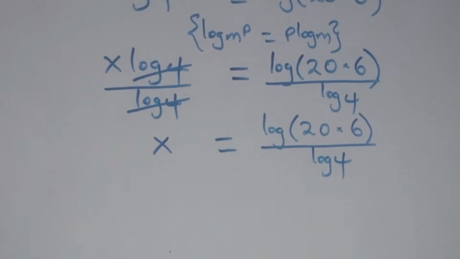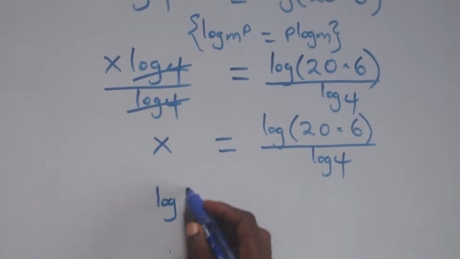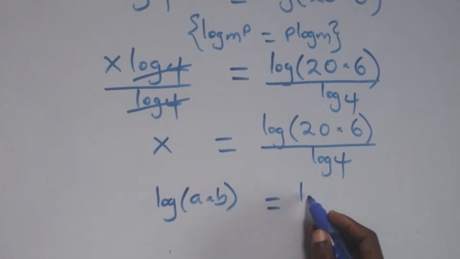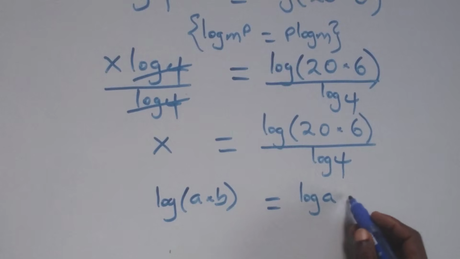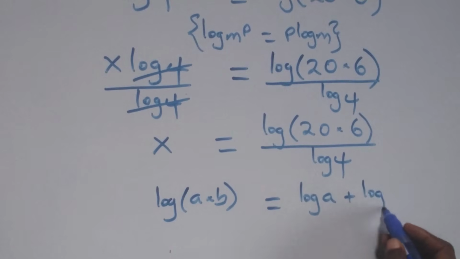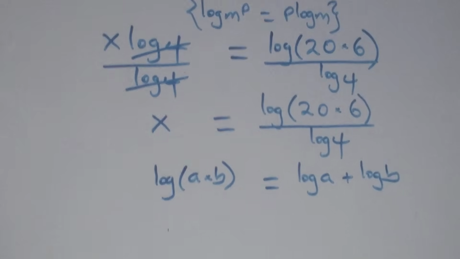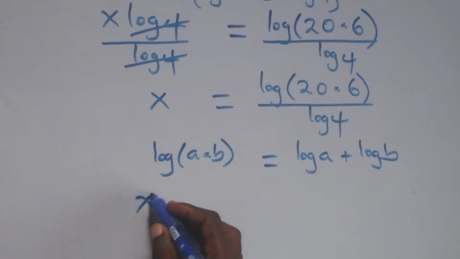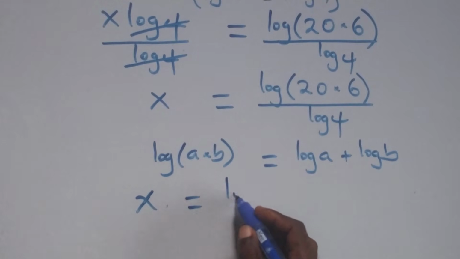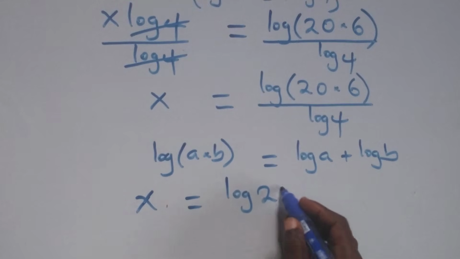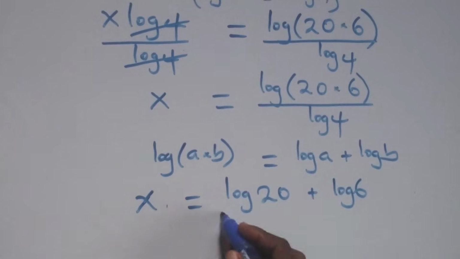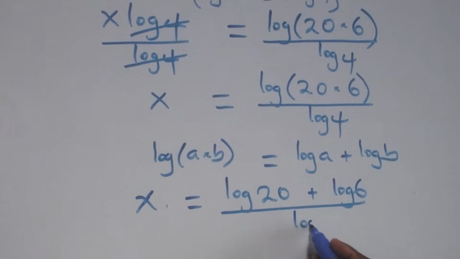Then this follows the law of logarithm. When we have log a times b, we write this as log a plus log b. Then what we have now becomes x equals log 20 plus log 6 over log 4.